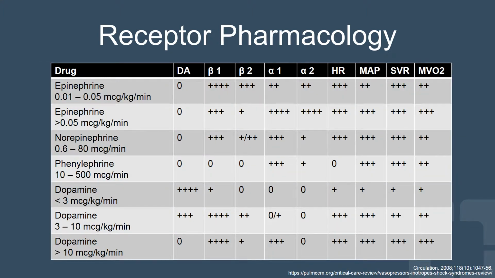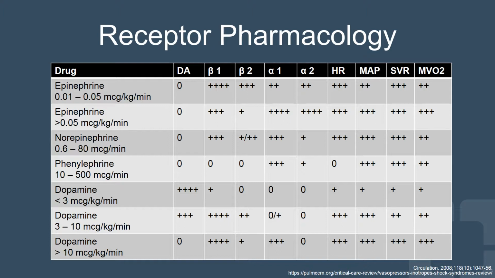Now, this is a full chart on all of the receptor pharmacology for each one of the catechol-based vasopressors that we're going to be talking about. I will go through this chart one by one, talking about each specific medication.